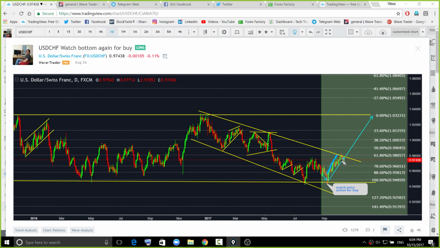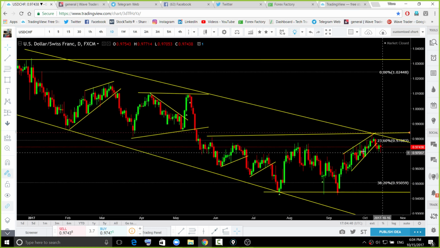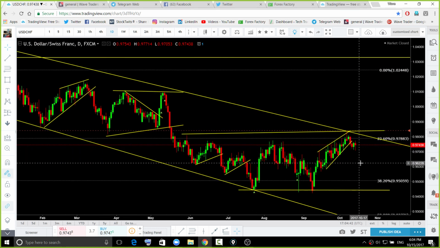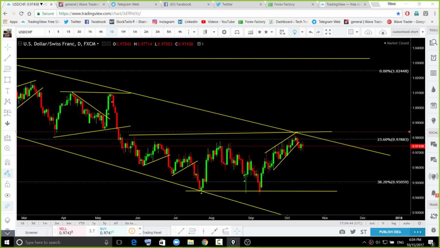It is rising correctively. So we can look for that trade. Nothing has changed. It is still in the bigger correction for the downside. So we can look for that trade next week, and we'll decide at the bottom which way it is going to go.